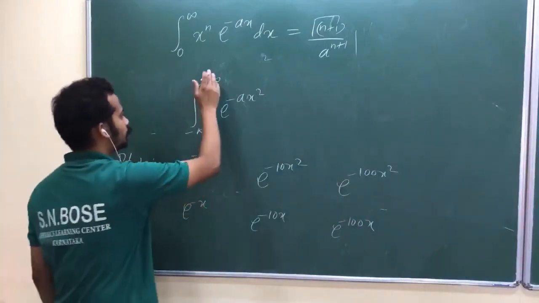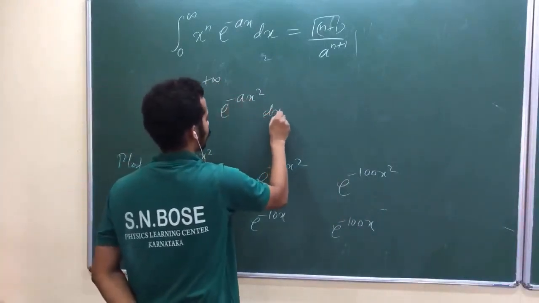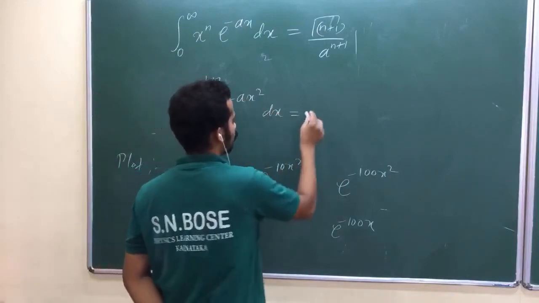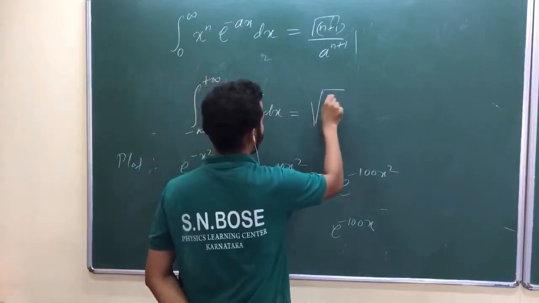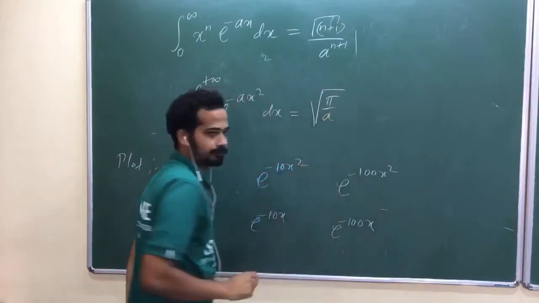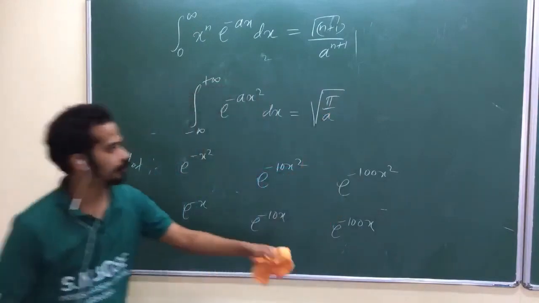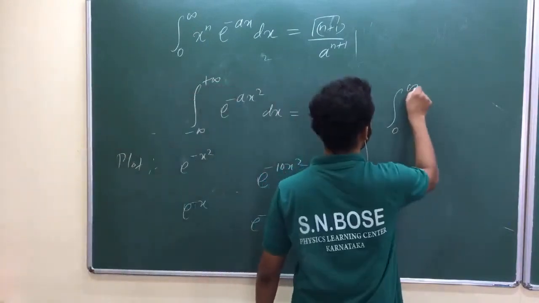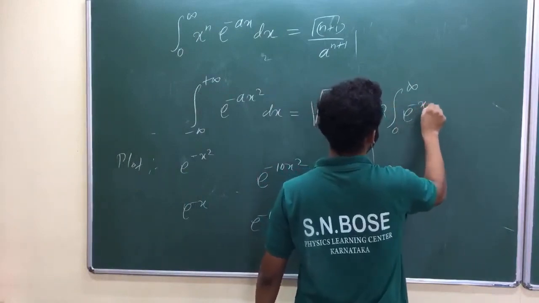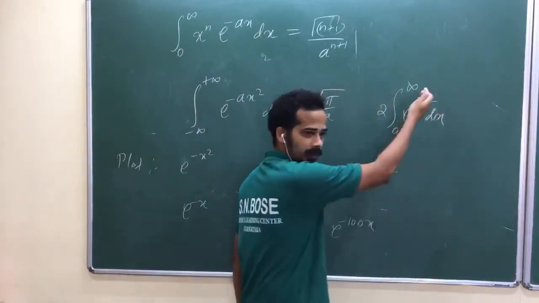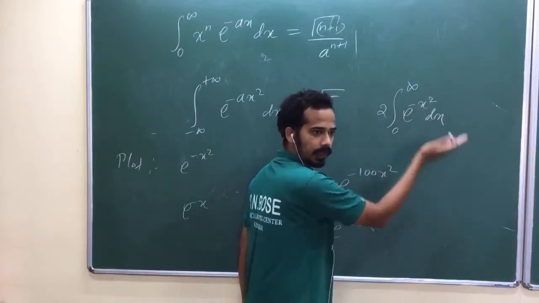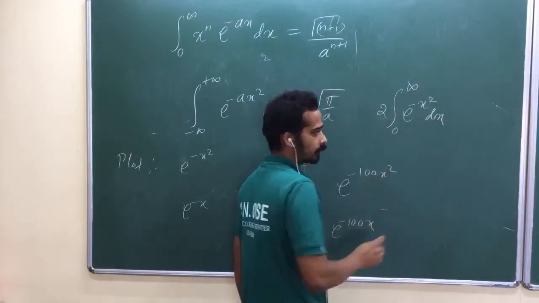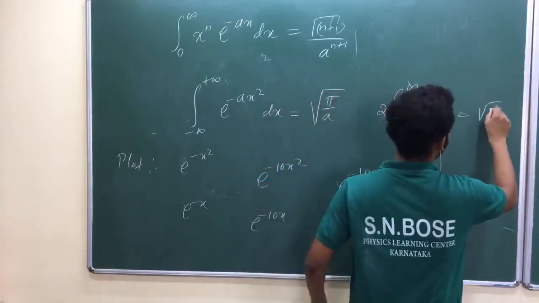So integral from minus infinity to plus infinity of e power minus a x square dx is nothing but root of pi by a. Actually, we have done 2 times the integral from 0 to infinity of e power minus x square dx, or e power minus y square dy. I have changed the symbol. That is equal to root pi. Am I right?